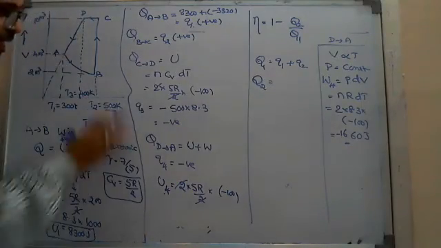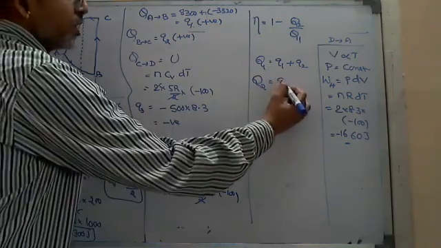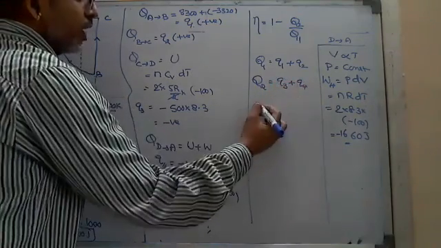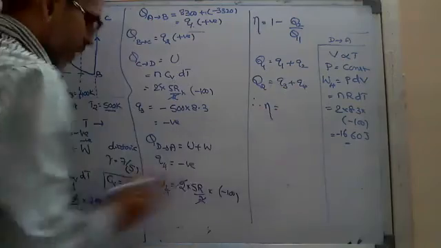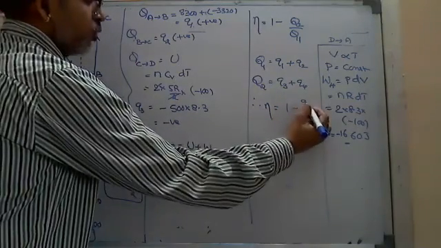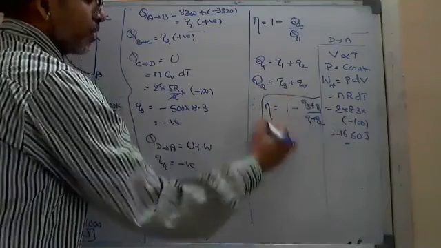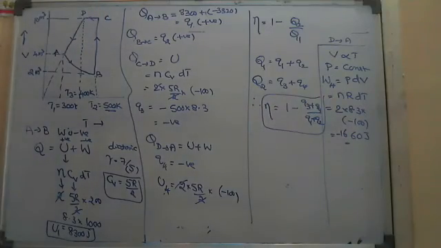Total negative heat means, luckily here I got only in 3 and 4. That's why I write Q2 equals Q3 plus Q4. Therefore, efficiency, after finding out the numerical values, I substitute here: 1 minus Q2 by Q1. This is the efficiency. Likewise, we have to find out the efficiency of a cyclic process.